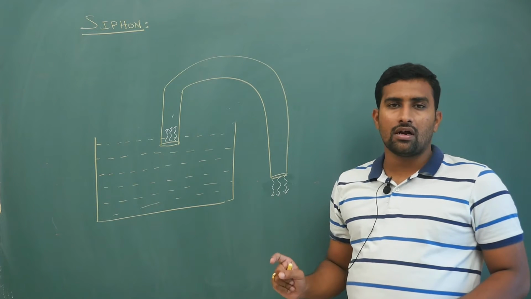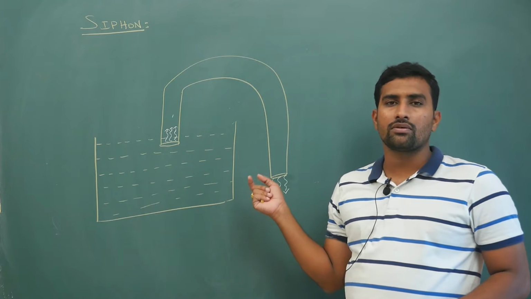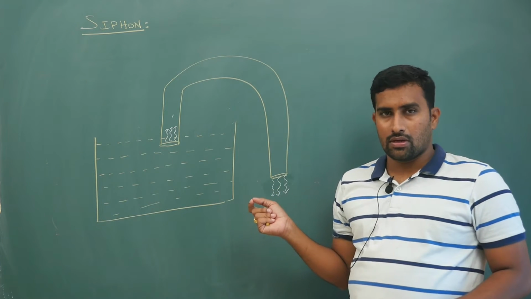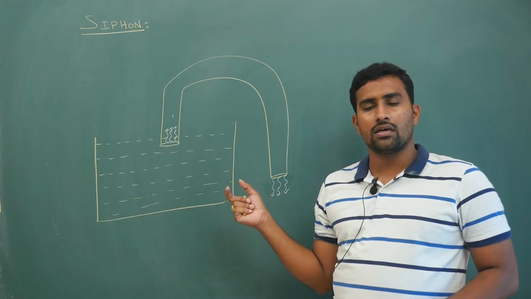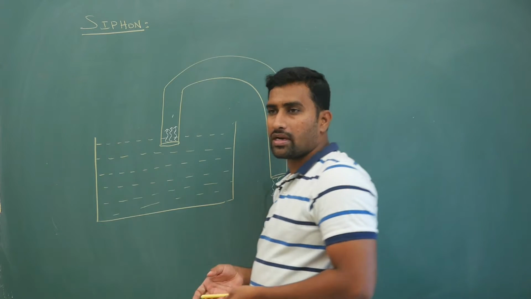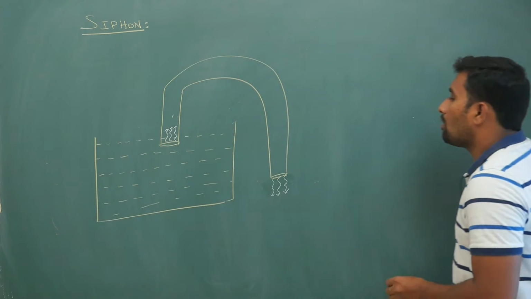It will not happen at once, it will happen gradually, because only because of the pressure difference will the liquid start moving. This mechanism is similar to drinking a cold drink with the help of a straw.